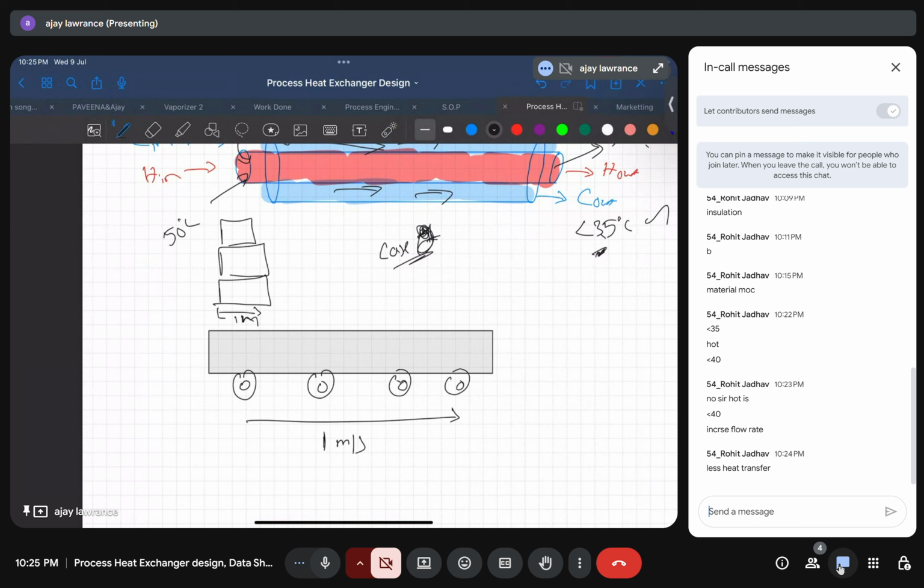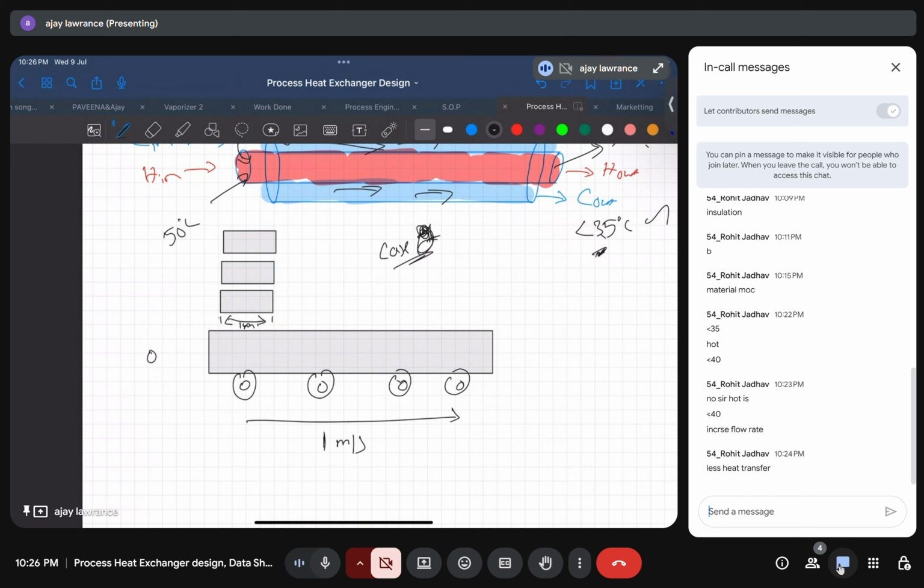Let me draw it a little bit carefully. So it is having 1 meter. So every meter, at time equal to 0 seconds, this is happening.